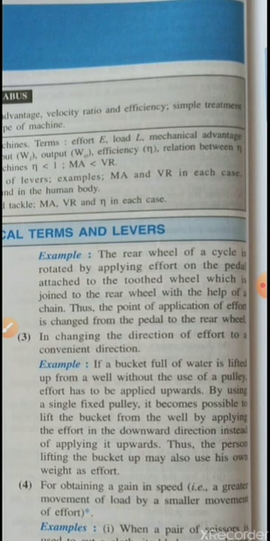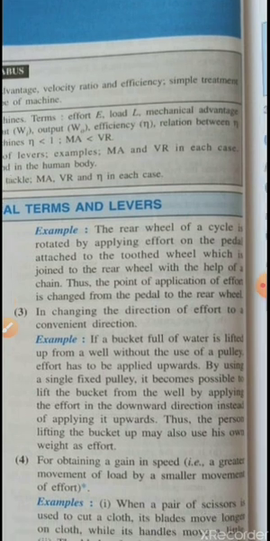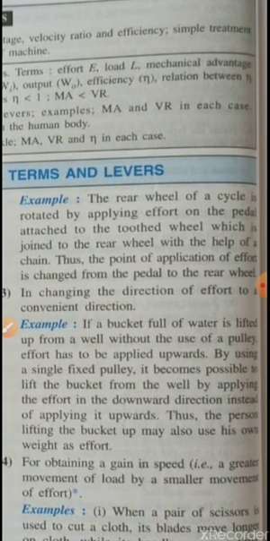Next, changing the direction of the effort to a convenient direction. Imagine you are going to fetch water from your well. So you will be using a pulley. Something like this, right?